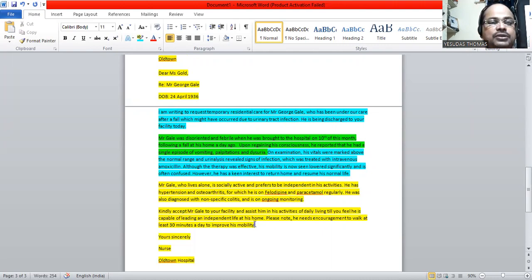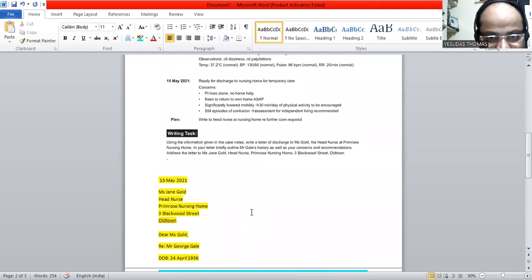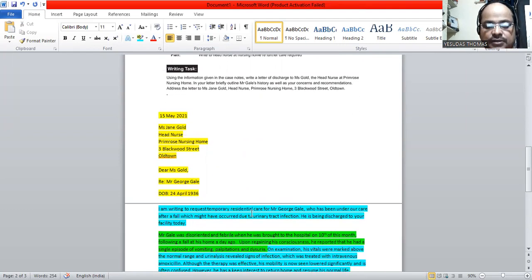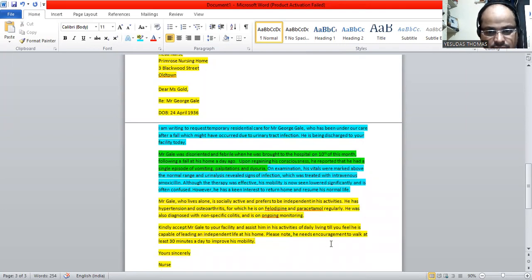In order to increase his mobility, we need to encourage at least a 30 minute walk, and that's what we have written. Physical activity, 30 minutes. I go with exercise, that is better than the other thing.